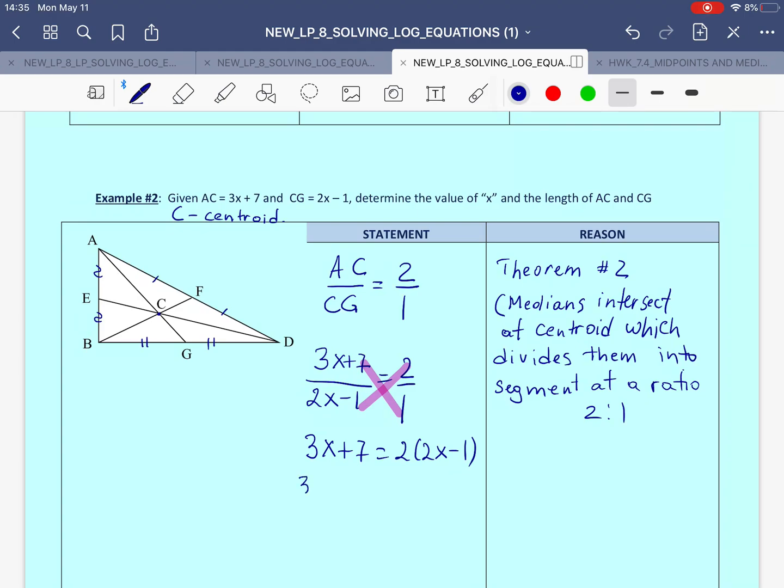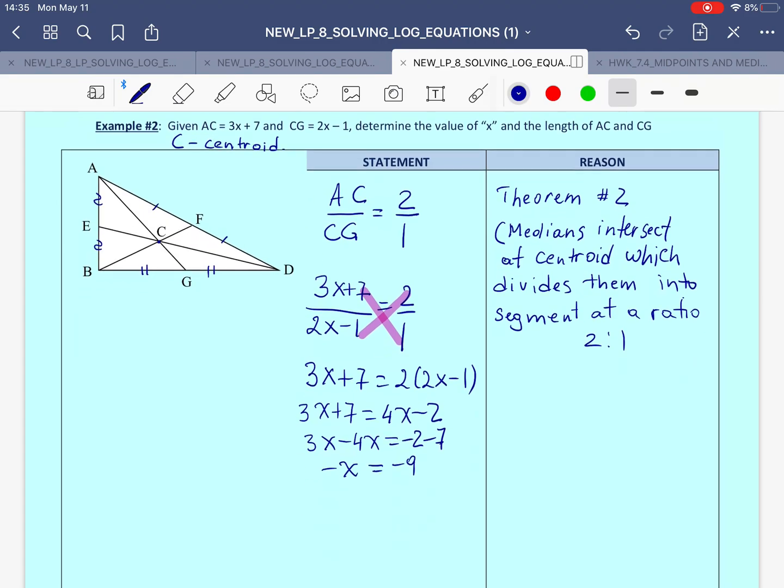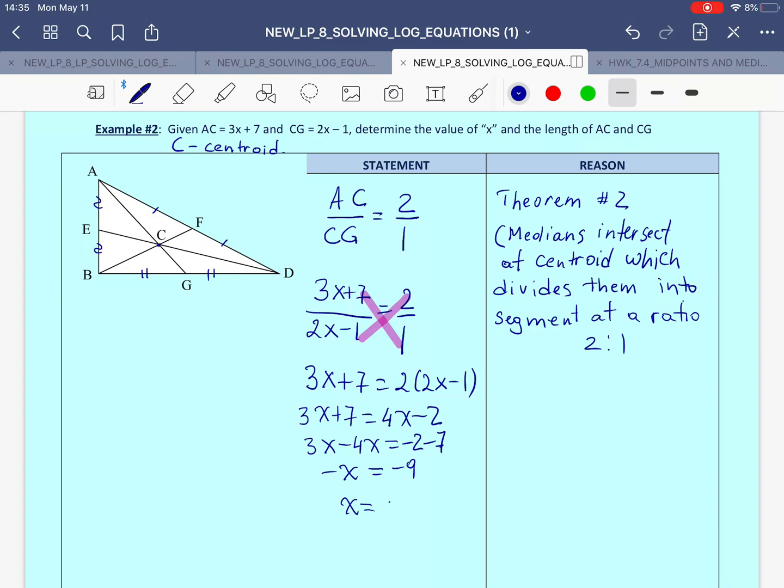So we ended up with a linear equation in this case. 3x plus 7 equals 4x minus 2. 3x minus 4x, negative 2 minus 7. Negative x equals negative 9, which makes x equal to 9. And that's what we were asked to find here.